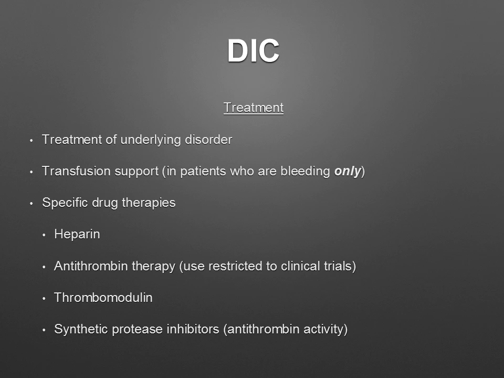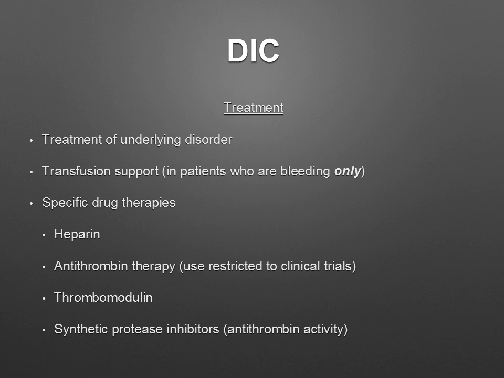In this regard, you can consider heparin in the unfractionated form, which has historically been used. In recent years, we're trending more towards low molecular weight heparin because it has more predictable pharmacokinetics and maybe lesser bleeding risks. Antithrombin therapy has been suggested, but that's mainly in clinical trials at the moment.